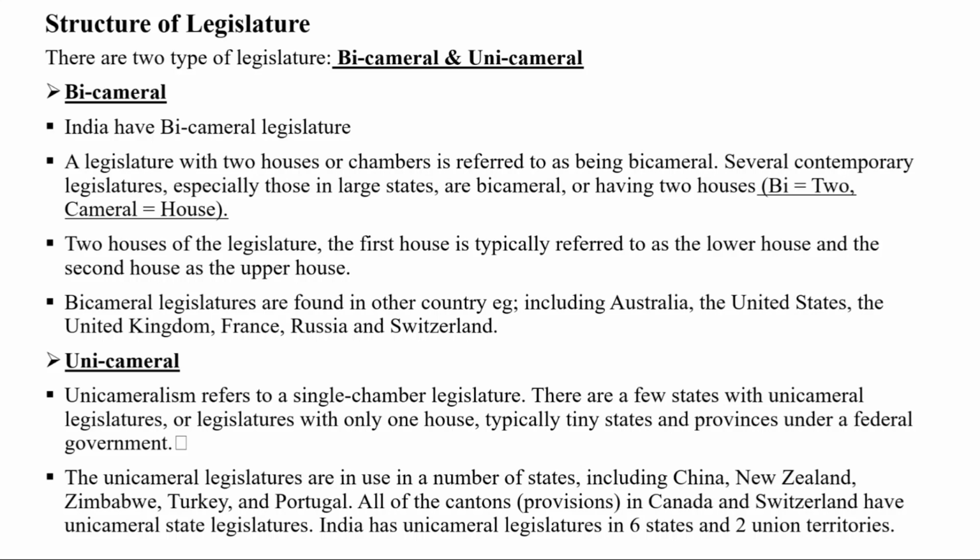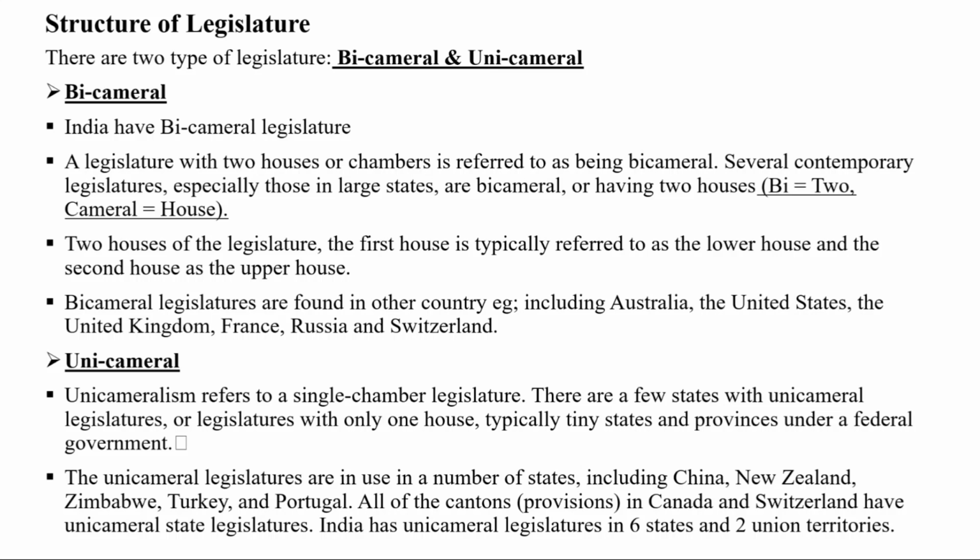Here bi means two, cameral means houses. So when we talk about bicameral, we are talking about two houses of the legislature. The first house is typically referred to as the lower house and the second house as the upper house. Bicameral legislatures are found in other countries, including Australia, the United States, the United Kingdom, France, Russia, and Switzerland.